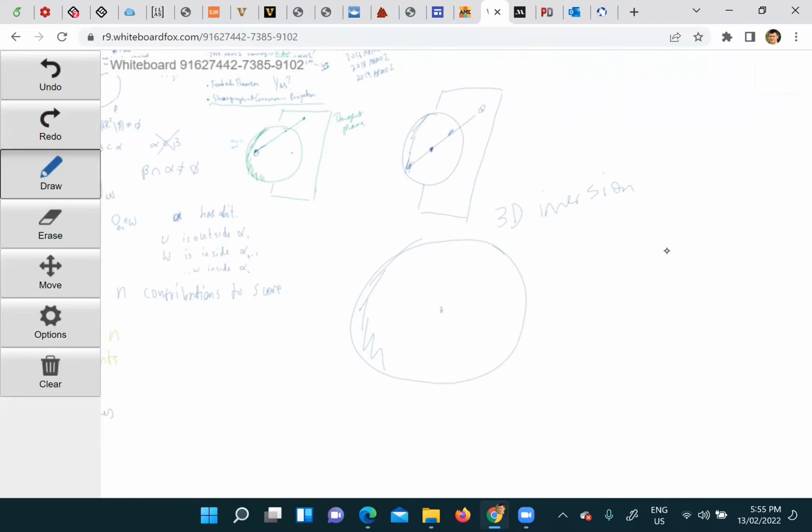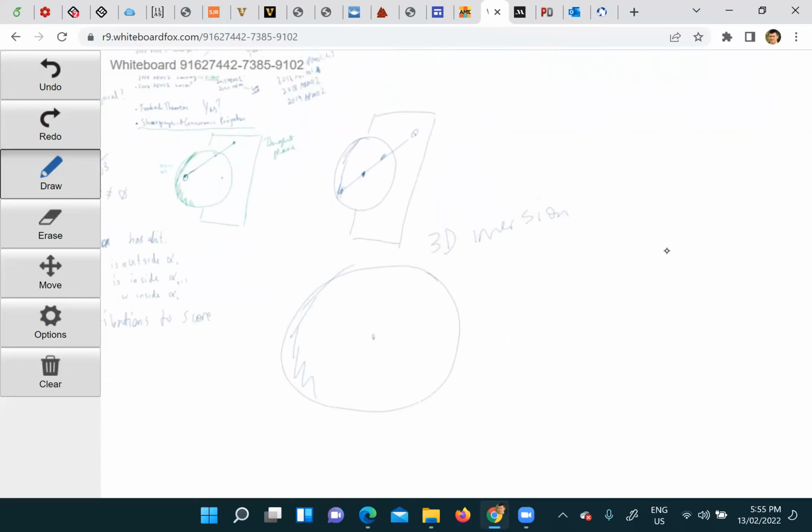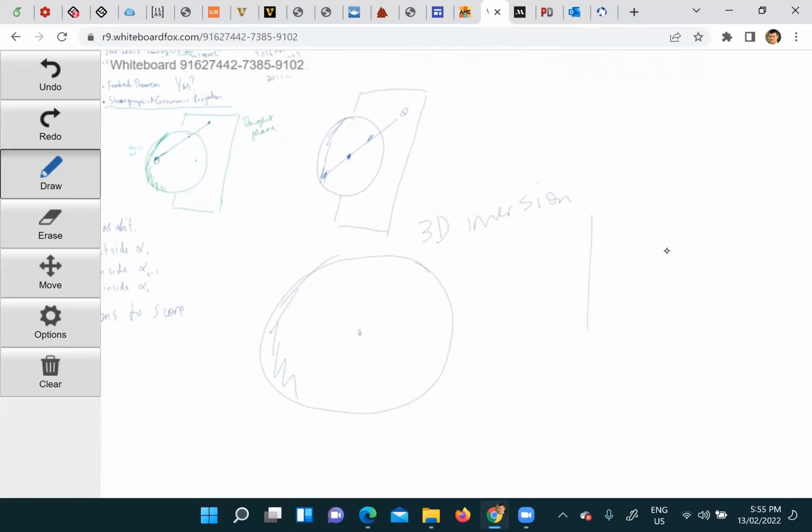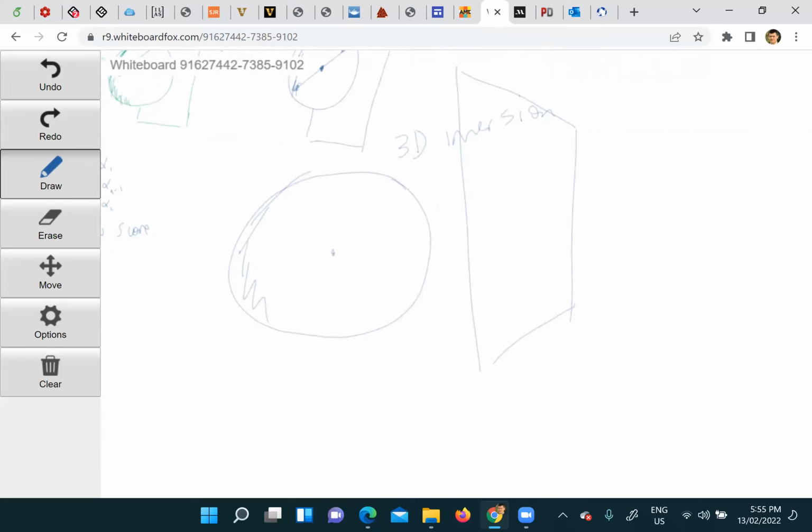So how do we prove this? Basically, if you have a plane and you want to prove that it inverts into a sphere, take a cross section.